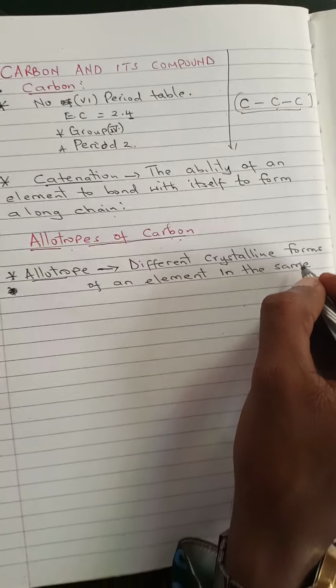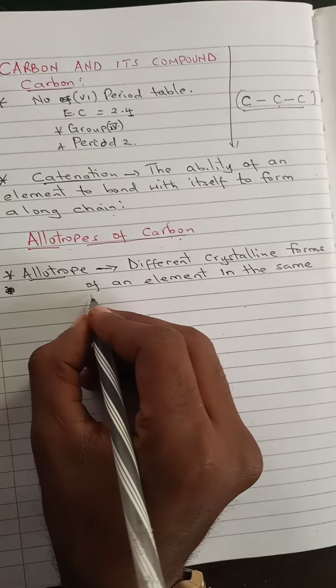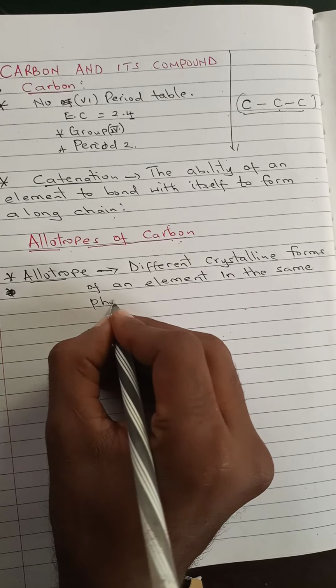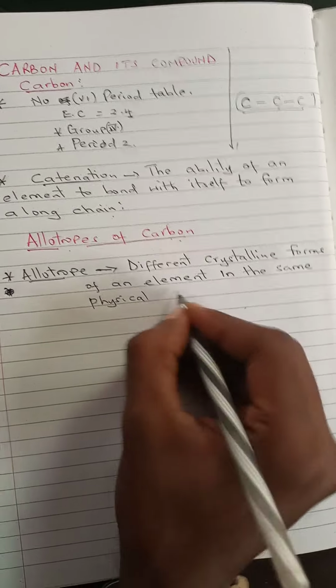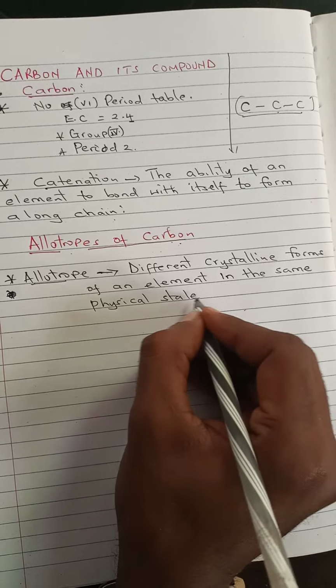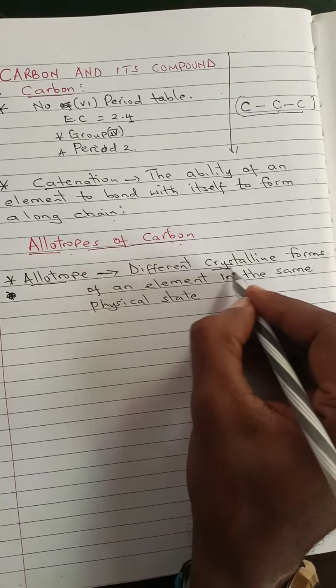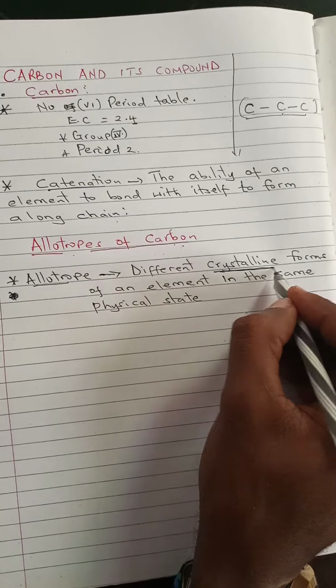Different crystalline forms of an element in the same physical state. This is the keyword here: crystalline.